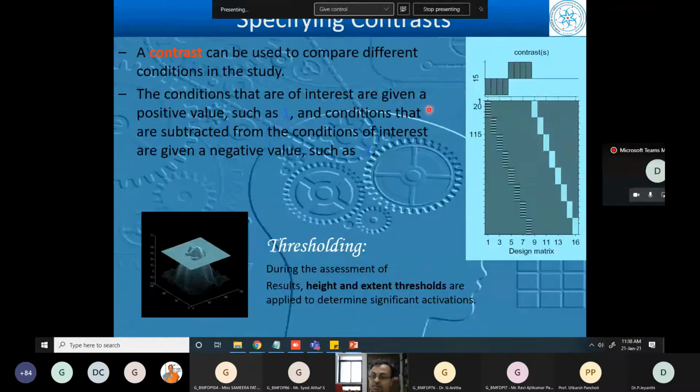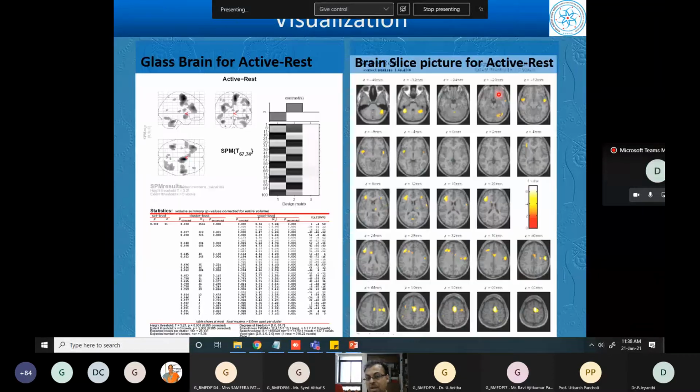And we can compare and contrast, let's say the last 4 sessions compared to the first 4 sessions of my task. I am trying to contrast, and I get this activation map. This is a glass brain.